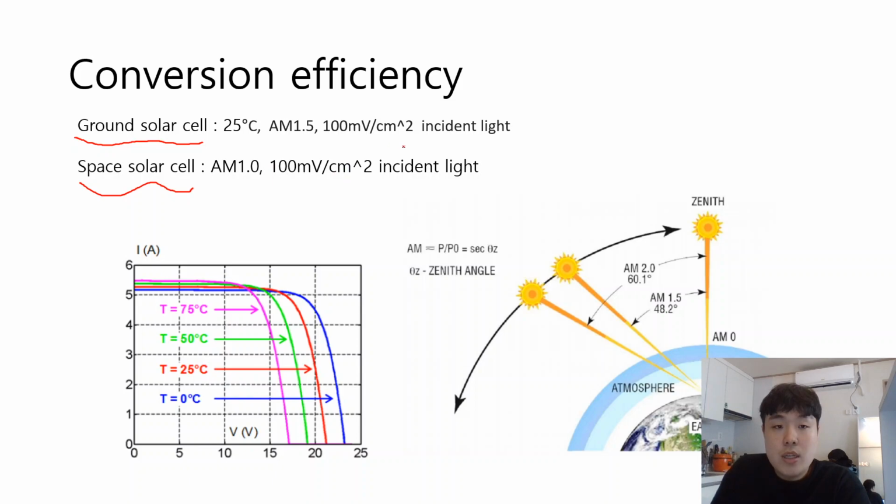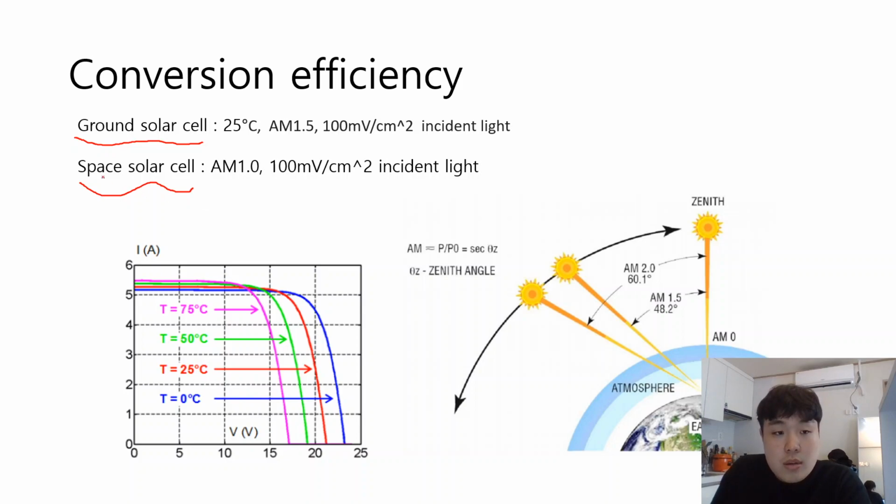When we calculate the conversion efficiency on the ground, we fix the condition at 25 degrees, 1.5 AM, and 100 milliwatt per centimeter square incident light on the solar cell device.